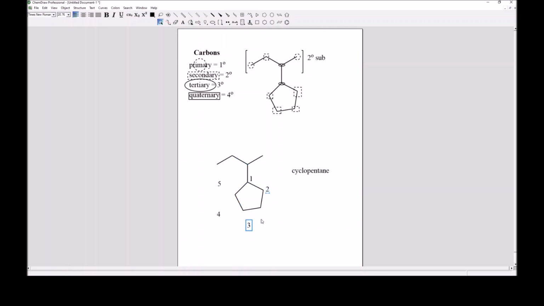So in a case where there's just one substituent, that's definitely going to be your number 1 carbon. So coming off the cyclopentane at the number 1 position is a branched substituent. And so when you have branched substituents, that means at the number 1 position I have something interesting, and then I have a cyclopentane.